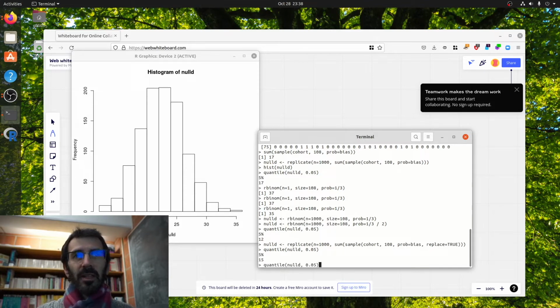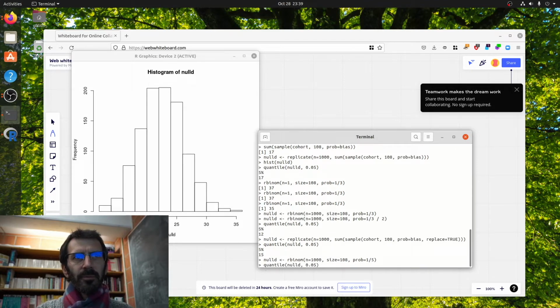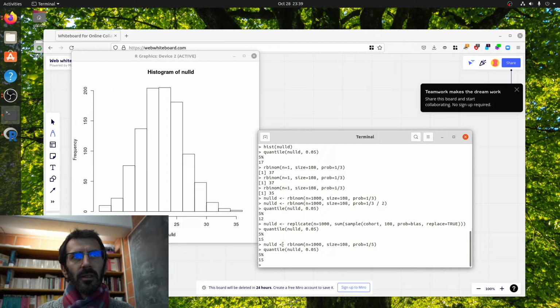In reality, if we say that the efficiency of the vaccine is 50%, we shrink by a factor of 50% the number of people who get COVID-19 that are vaccinated, then here it should not be 1/6, it has to be 1/5. So when we do that, we can see that the binomial distribution method and the sample method give the same threshold, which is 15.